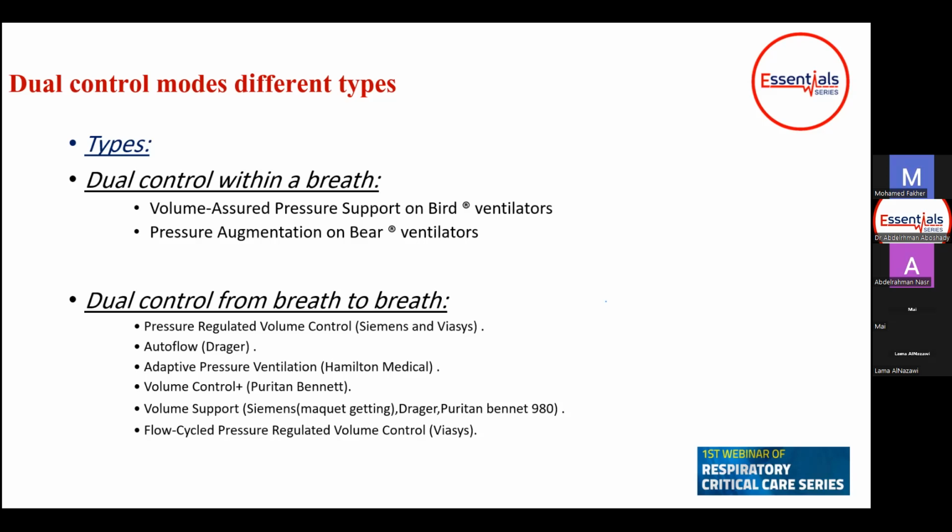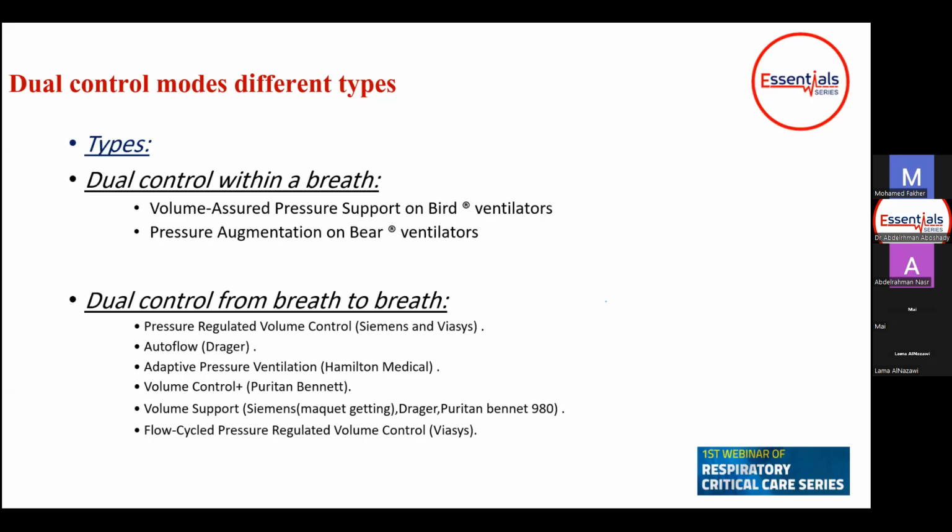The common commercially available breath-to-breath dual control modes are PRVC, found in Maquet, which was called Siemens in the past. AutoFlow, which I'd rather call a feature, not a mode, is specific to the Dräger. Adaptive pressure ventilation, or APV CMV, is in Hamilton, and volume control plus is in the Bennett.